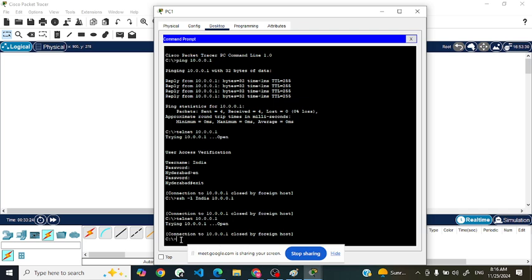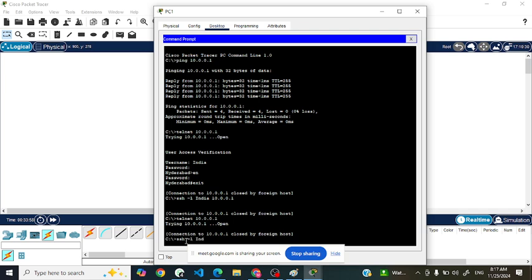It has been overwritten and we are not able to take the access with the telnet. Lakshman, yes, sir. So it is clear. Now it has been overwritten.